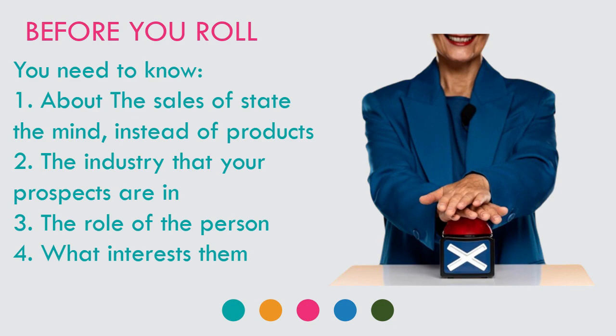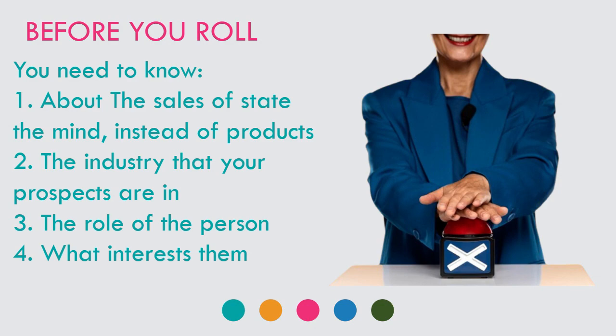Now, oftentimes, some of us spend the bulk of our time selling products instead of selling the state of mind, instead of selling values. While prospecting, stop selling products. Sell state of mind.